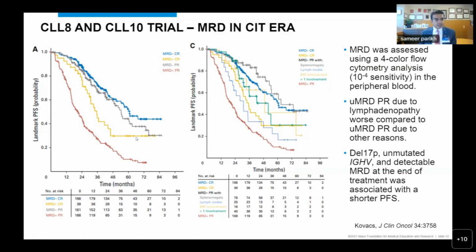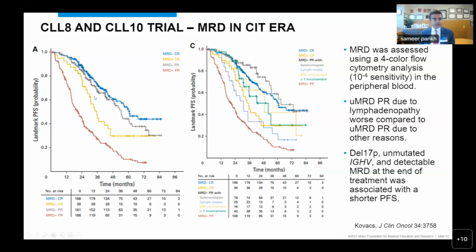In contrast, you will notice that patients who are in MRD negative partial remission do better than those who are in MRD positive complete remission, suggesting that it is the MRD status that actually drives the prognosis of this patient population once they finish therapy.